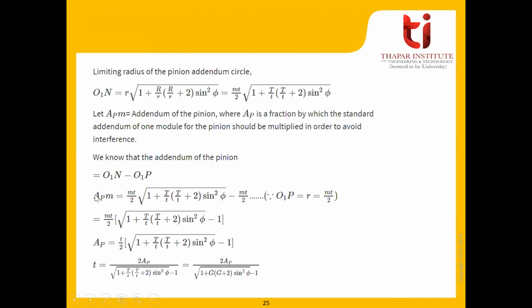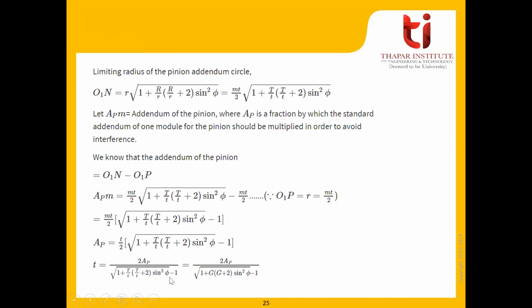So this addendum, O1n, can be written in the form of module as AP times M equals this formula, minus O1P, which is mt over 2 because O1P is the pitch circle radius. Now m will get cancelled out by this m, and AP will be equal to t by 2 times this term, where small t is the number of teeth on the pinion.